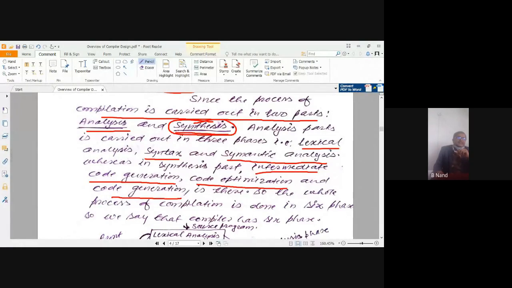So basically, in compiler design we have six different phases or steps. With the help of these steps we compile and run our program.